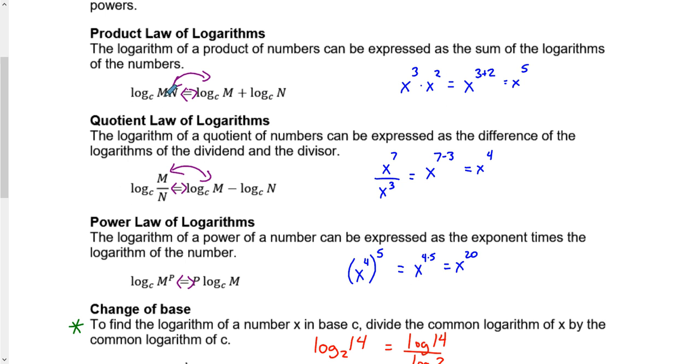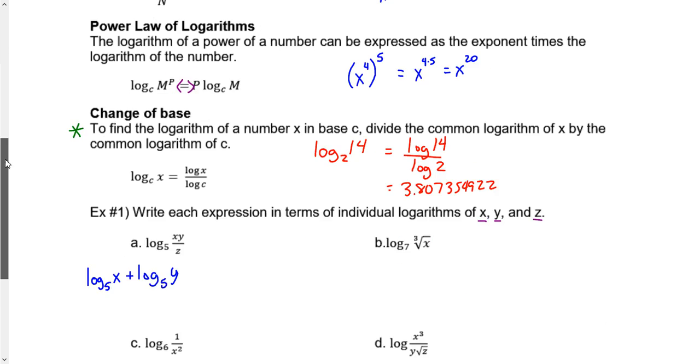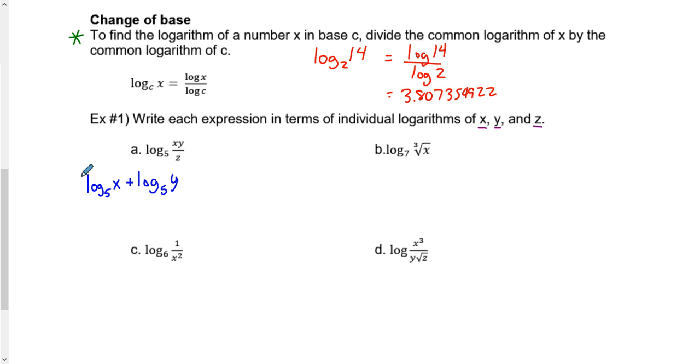Two things multiplied together, well, we're adding their individual logs. But because that entire thing, x times y, is being divided by z, we would be subtracting a log base 5 of z. These are individual logs now. That's it.